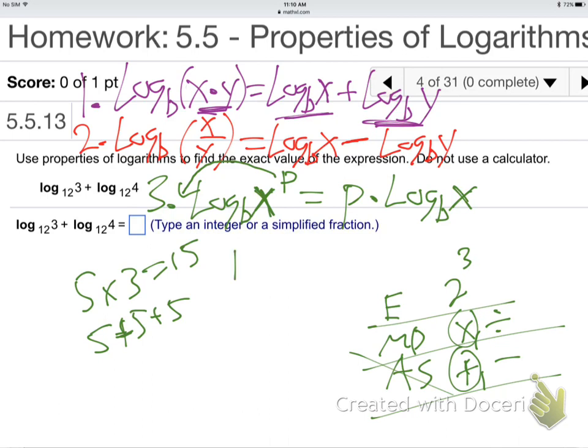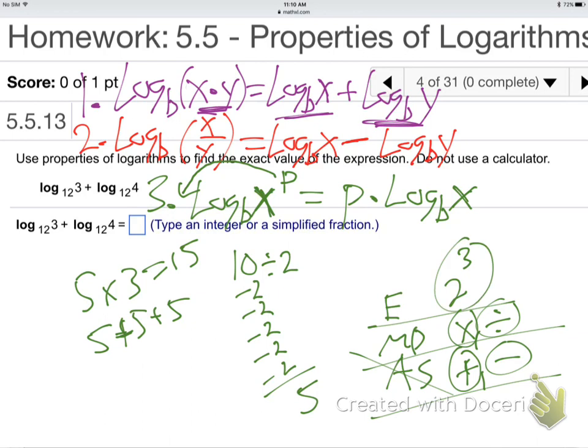Same way division, 10 divided by 2, that's repeated subtraction, isn't it? That's like subtracting 2 5 times. It's saying, how many times can you subtract 2 from 10? 5. That's the answer, isn't it? So, dividing is repeated subtraction. Likewise, powers, what are they repeated? Repeated multiplication, huh? It's 2 times 2 times 2. That's why they're a level above multiplying. When you go 2 to the third is 8, you just instantly multiplied 2 3 times, didn't you?